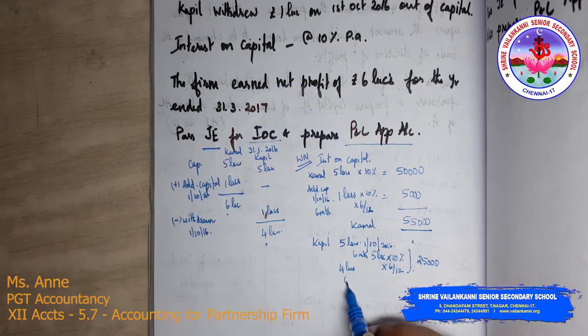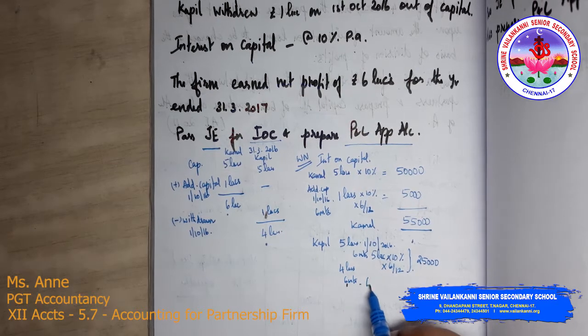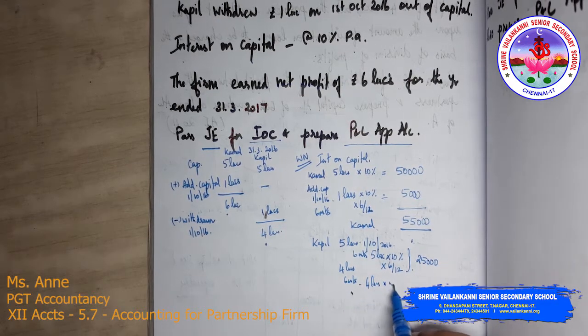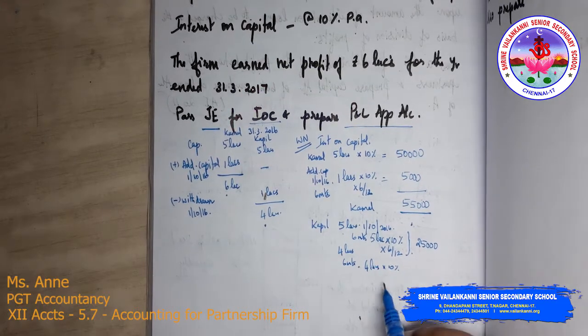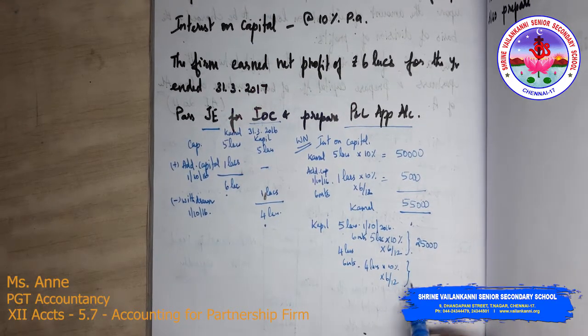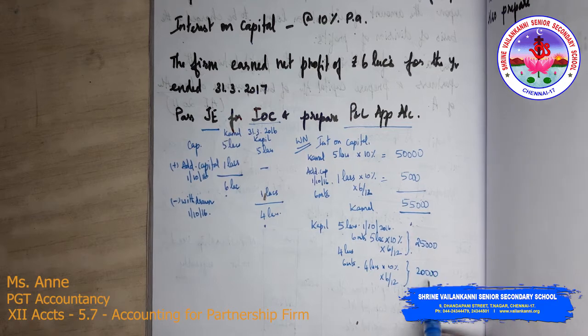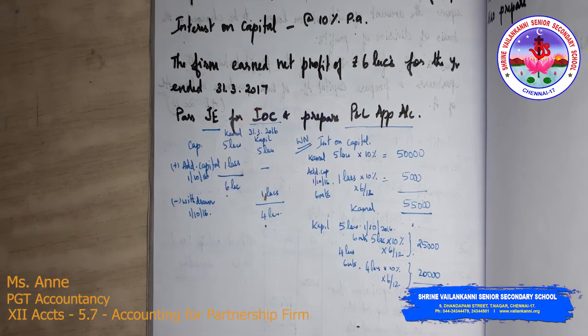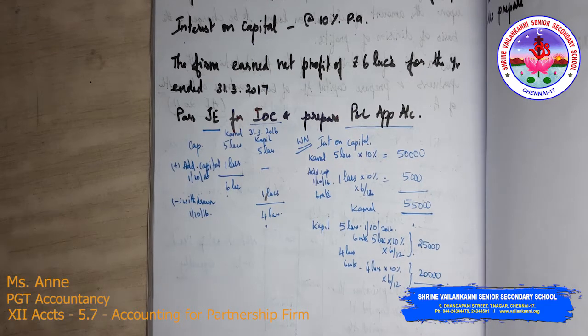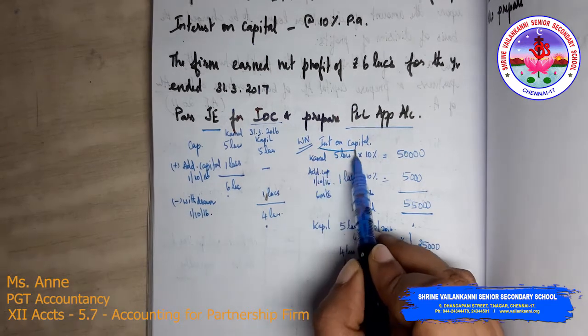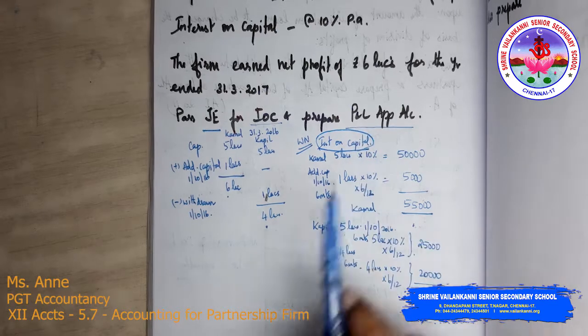And 4 lakhs for another 6 months, that will be 4 lakhs into 10% into 6 divided by 12, that will be 20,000. So the total will be 45,000. I hope that this is clear. So we have the interest on capital calculation ready with us.